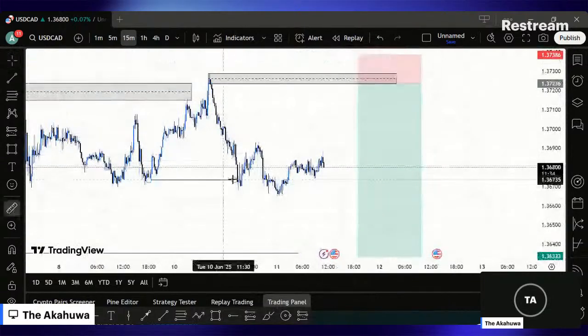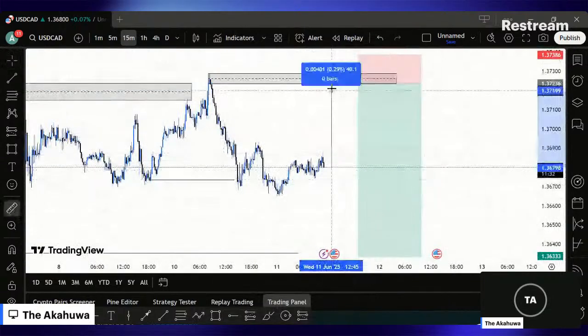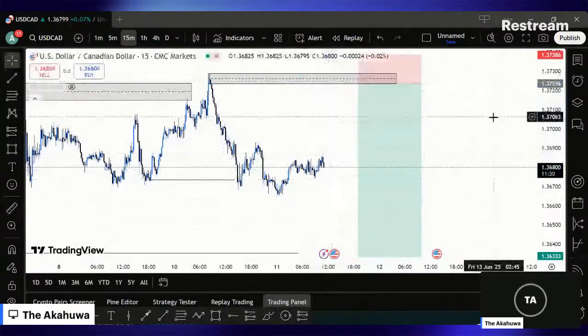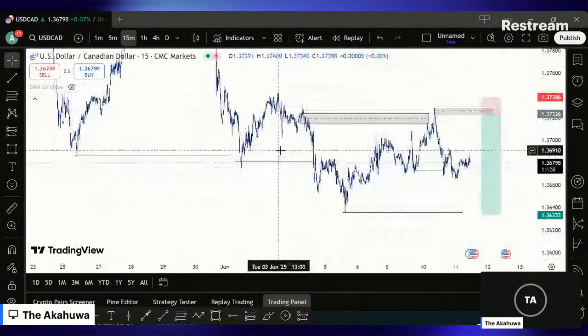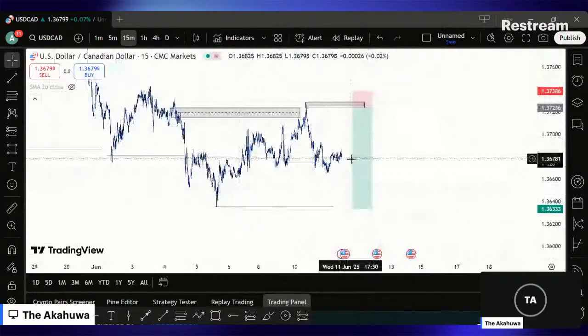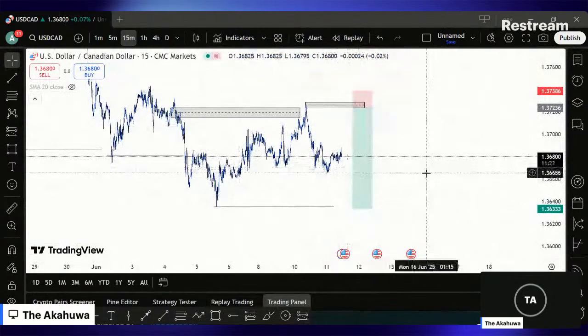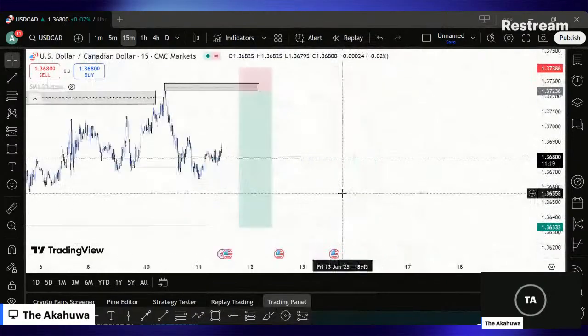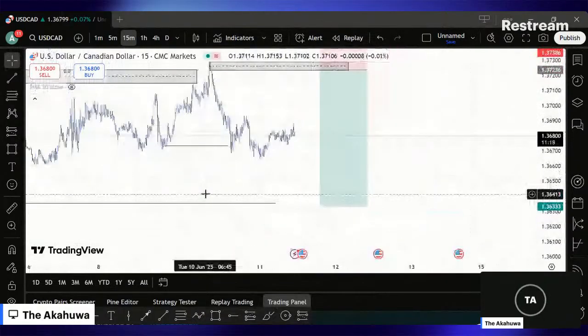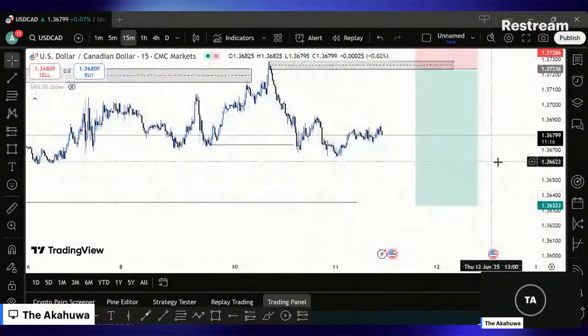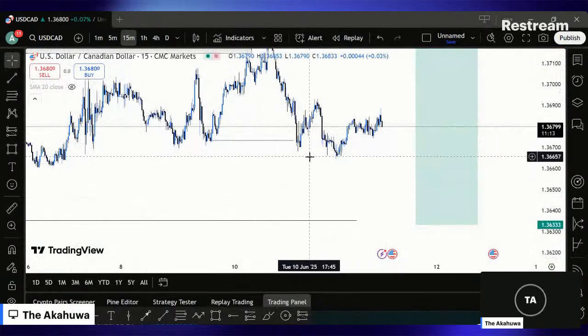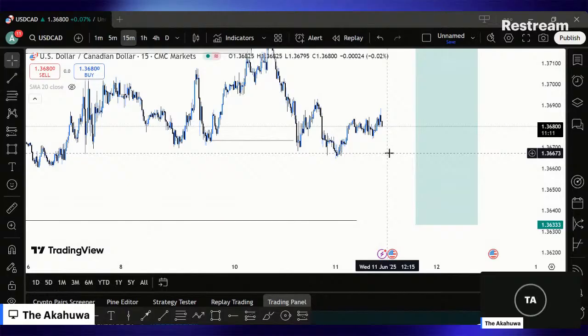But since the market hasn't, this is like 44 pips to this point. So fingers crossed on this. You're already late to the party. So most likely we will just keep going down.